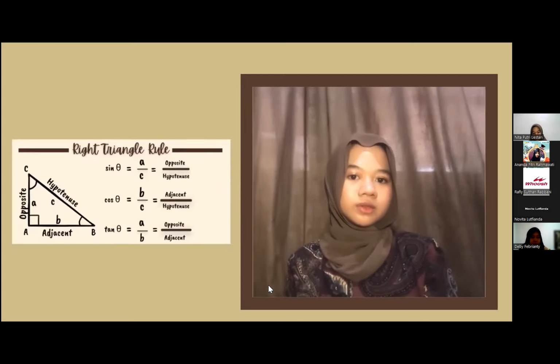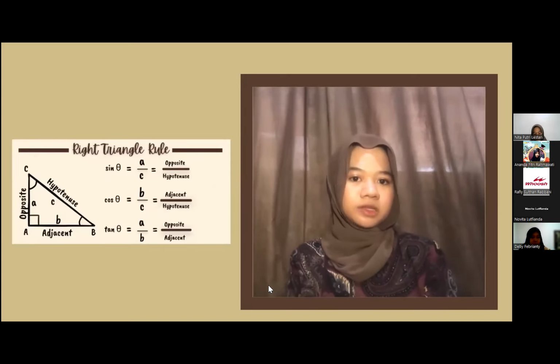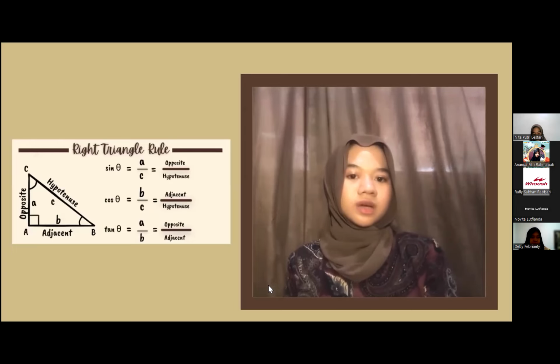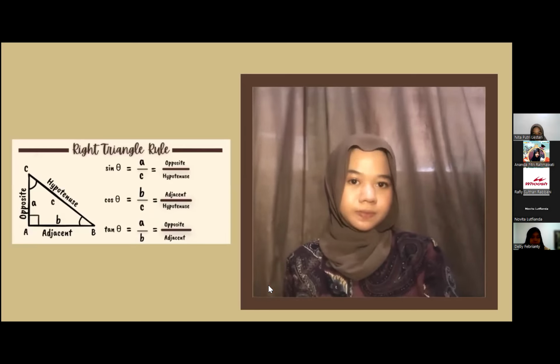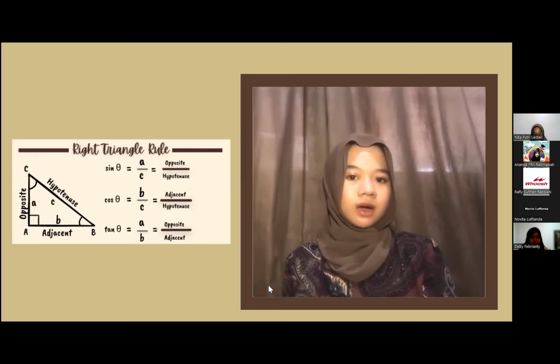Next, going into the basic material of studying trigonometry, I will explain the rules for right triangles. In the picture, there is a triangle with angle ABC. The line from corner A to corner C is called opposite. The line from corner A to corner B is called adjacent, and the line from corner B to corner C is called hypotenuse.